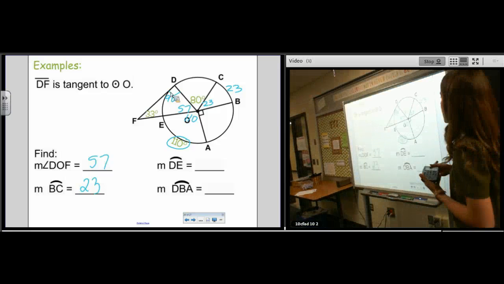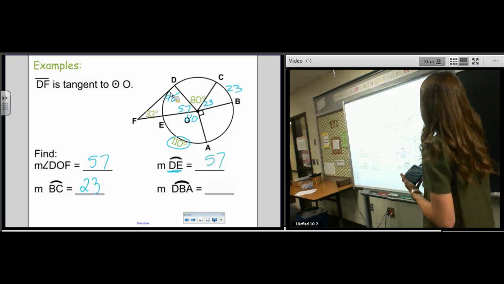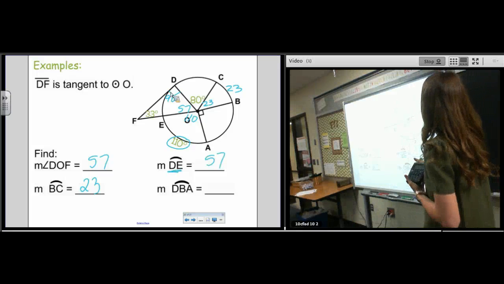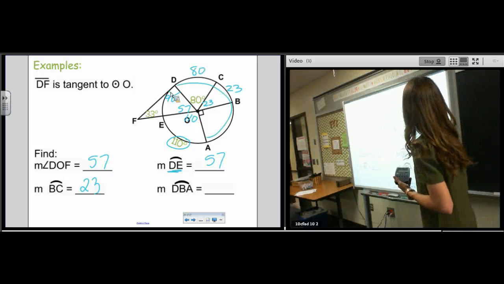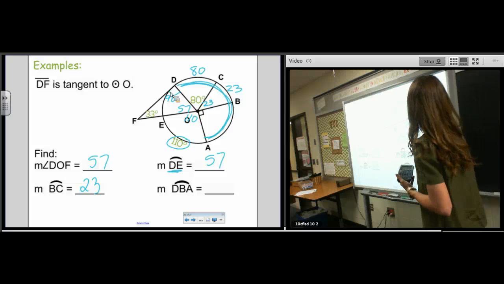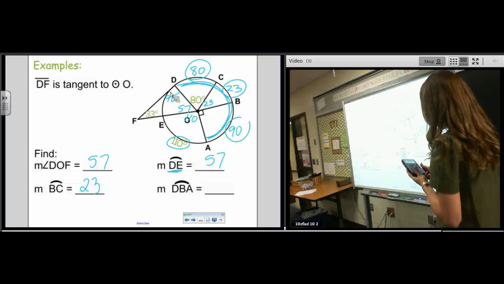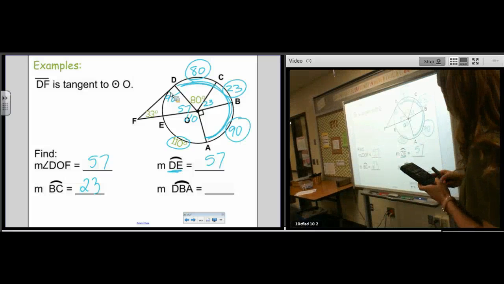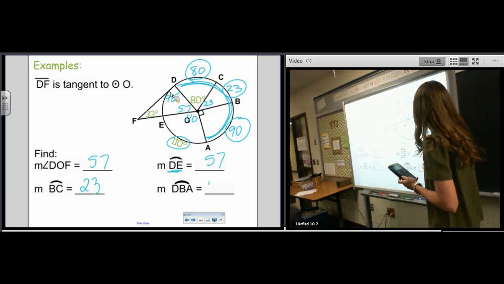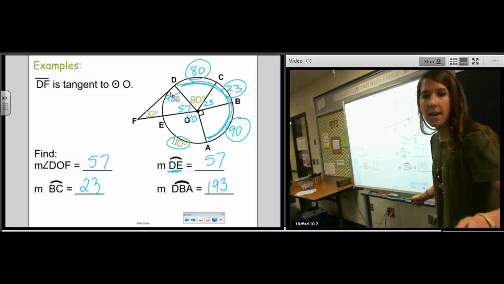Arc DE is the same as its central angle, 57. And arc DBA is just the addition of these three arcs, 80 plus 23 plus 90. That one wasn't too bad.